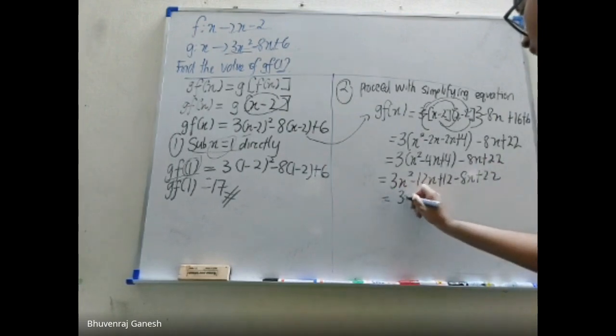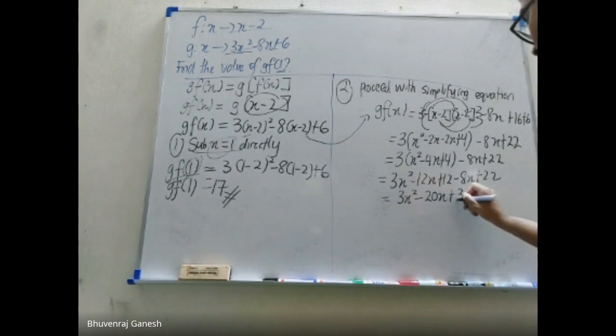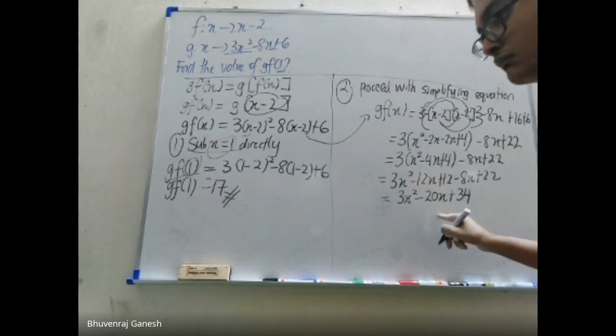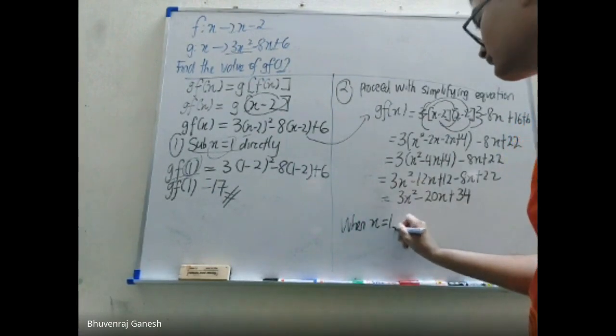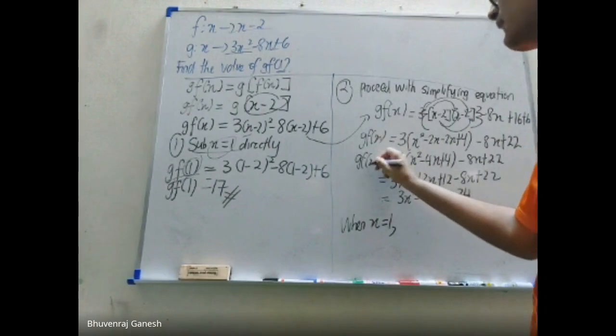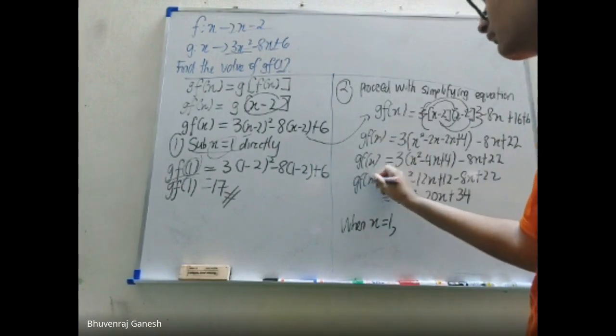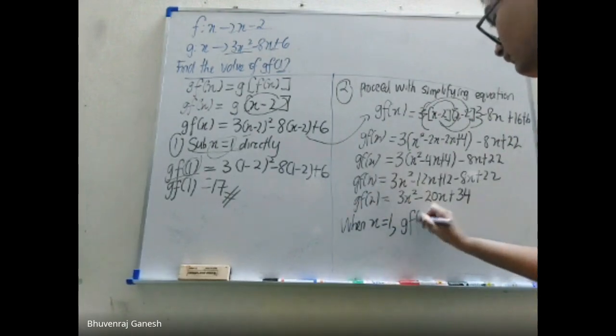You will get this. So now I say when x is 1. Remember, maintain your gf(x) all the time so that the examiner knows where you're proceeding. So from here you can write gf(1).